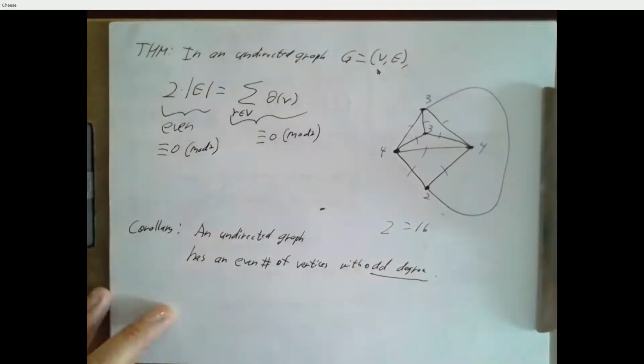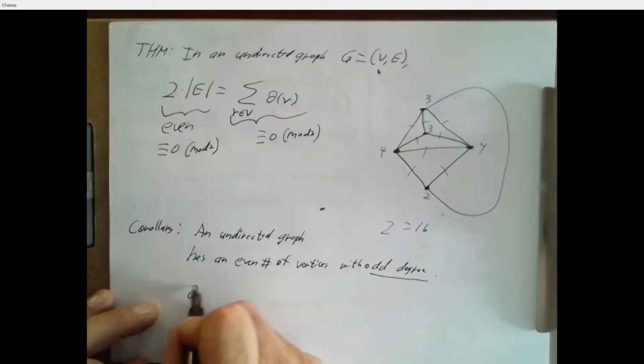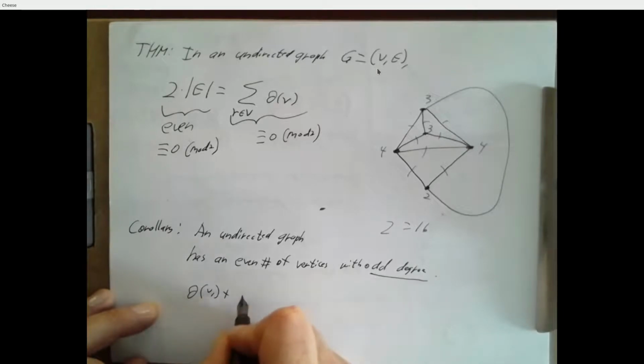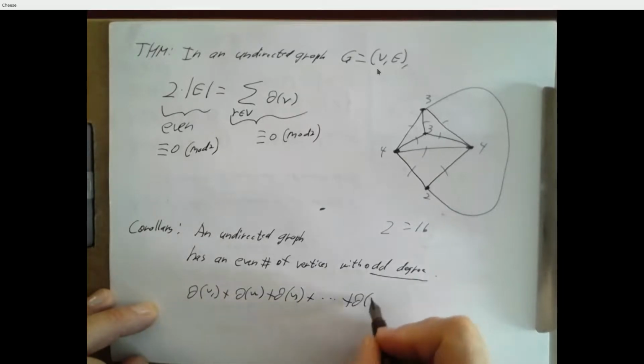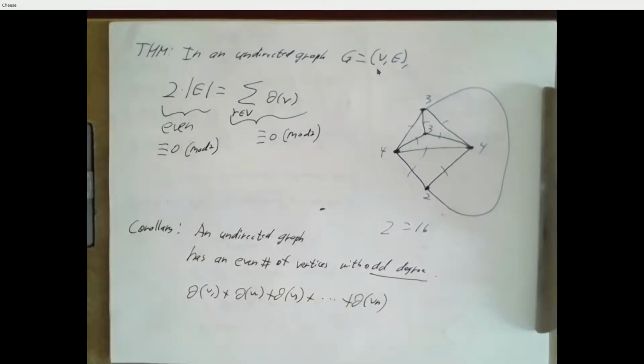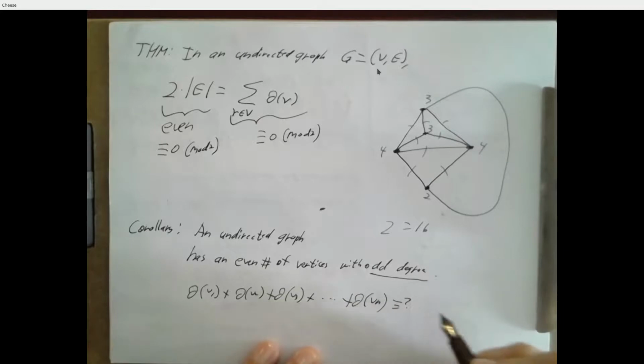Well, let's write out what that right side looks like. So degree of vertex 1 plus degree of vertex 2 plus degree of vertex 3. Right, we're going to add up the degrees of all the vertices in this graph. And we want to know what that's congruent to modulo 2.